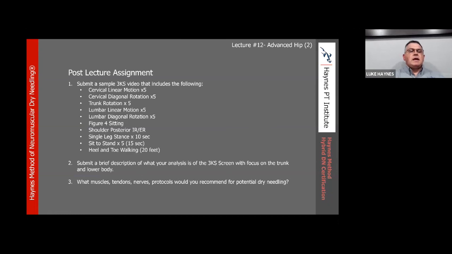Take a look and see if you can identify what's happening: the quantity and quality of movement, or symmetry, left versus right, if you're seeing some aberration there. And then lastly, what muscles, tendons, nerves, and protocols would you recommend for potential dry needling?